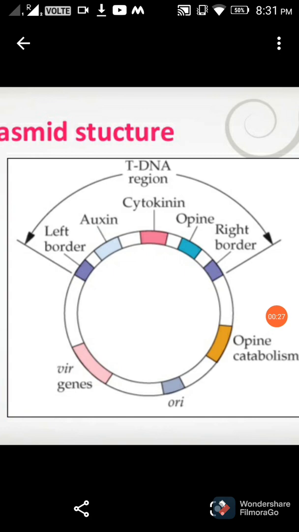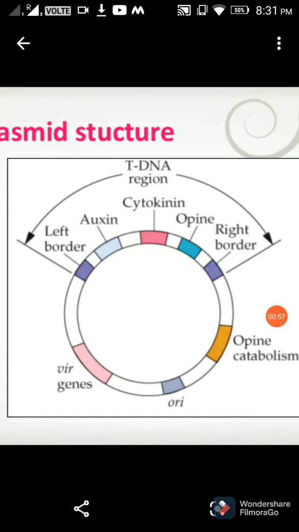Remember, girls, that it causes crown gall disease in many dicotyledonous fruits and other vegetables, other plants. So it causes a tumor. This TI plasmid, why the name TI? It's for tumor inducing. So the full form of TI is tumor inducing plasmid of Agrobacterium tumefaciens.